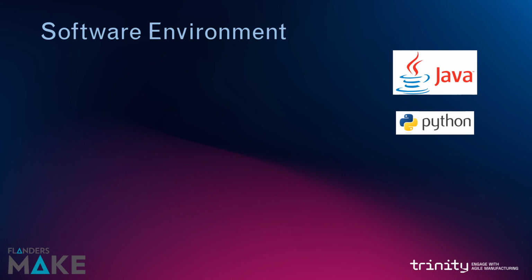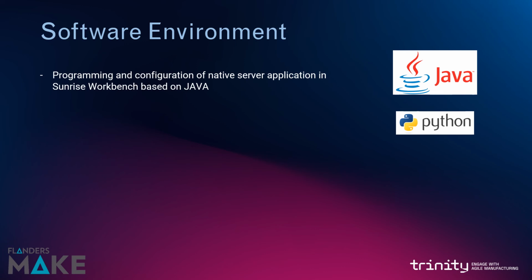We can dive into the software environment. For the robot application programming, an Eclipse-based development environment called Sunrise Workbench IDE can be used to program applications in Java programming language. The modular Java API with suitable interfaces for the requirements of mobile robotics allows the integration of third-party software.